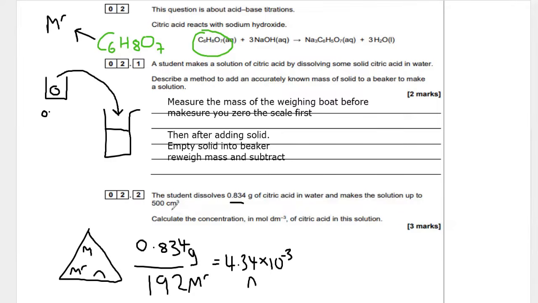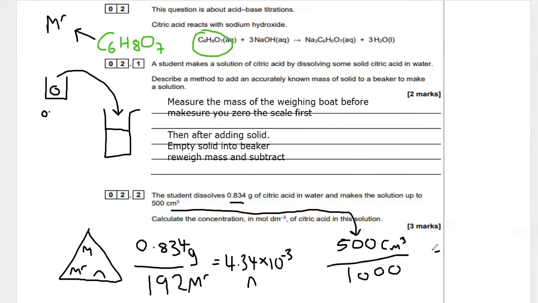Let's find out our dm. What do you think 500 centimeters cubed divided by 1,000 is? Super easy calculation. So just looking at 0.5, aren't we? So divide that by 1,000, put into decimeters, and we've got 0.5 dm cubed.